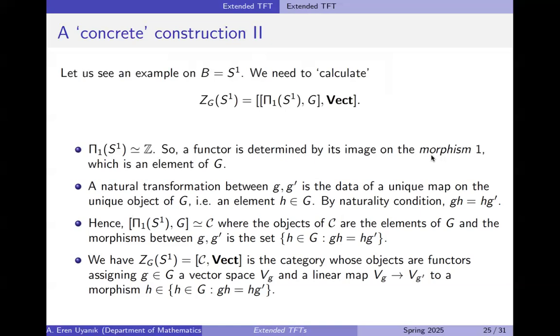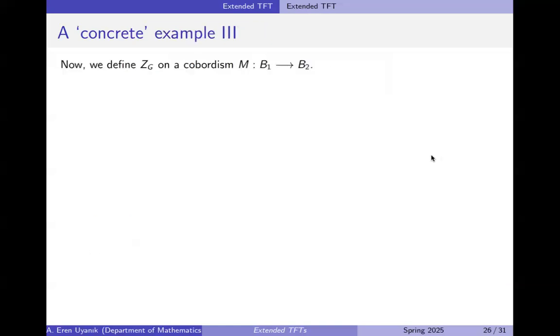This is as explicit as I can get. It is not very concrete, but at least you have a recipe. And if you reduce it further, using the tools of algebra, you get a definition. By choosing a G, you get a TFT. So far, we have only defined it on manifolds, arbitrary manifolds.